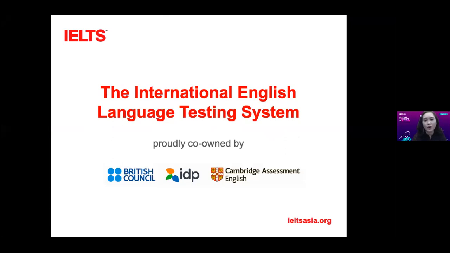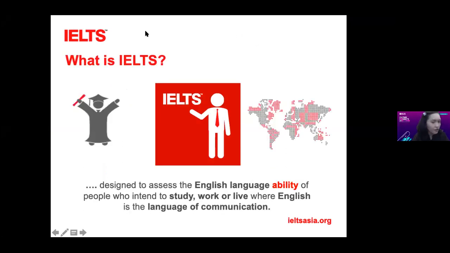It is proudly owned by the British Council, IDP IELTS Australia, and Cambridge Assessment IELTS. IELTS is designed to assess the English language ability of those who intend to study, work, or live where English is the language of communication.